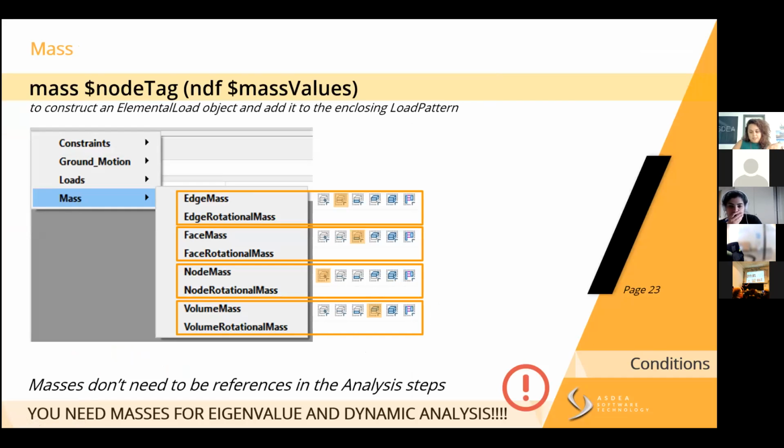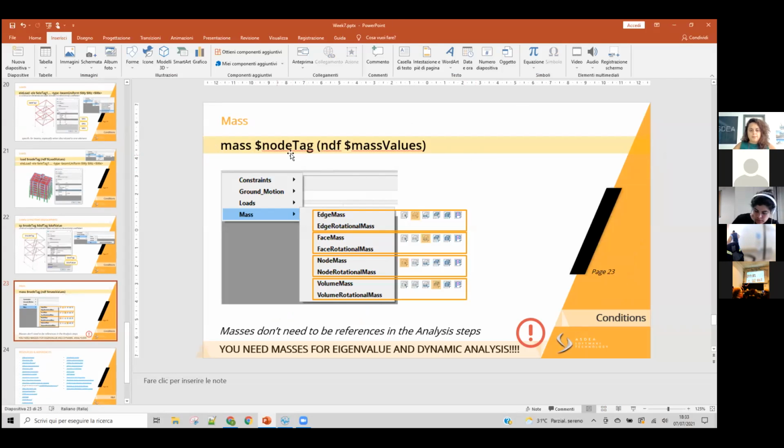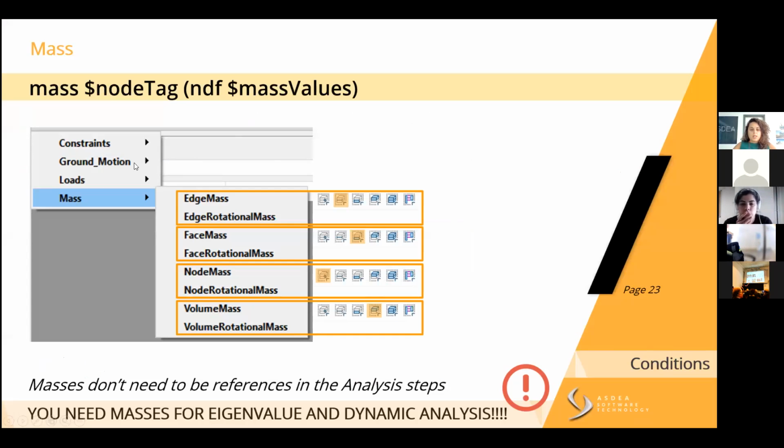Finally, we have masses. Masses, as I said, do not need to be referenced in the analysis step. They will always be black in your work tree. You construct, this is wrong, forgot. Yeah, this is the command, but you're not writing the command here. You're just creating this condition in your model. There is a restricted selection.